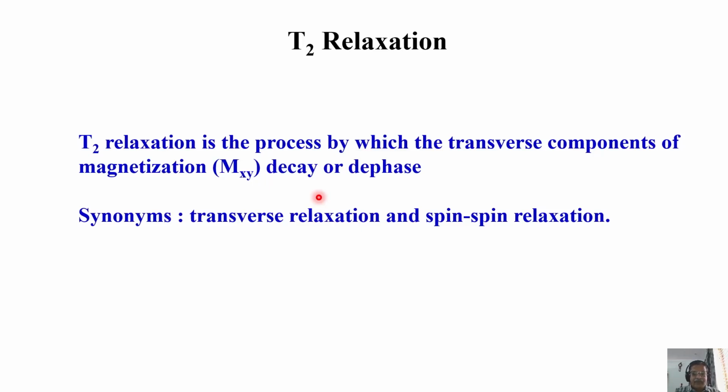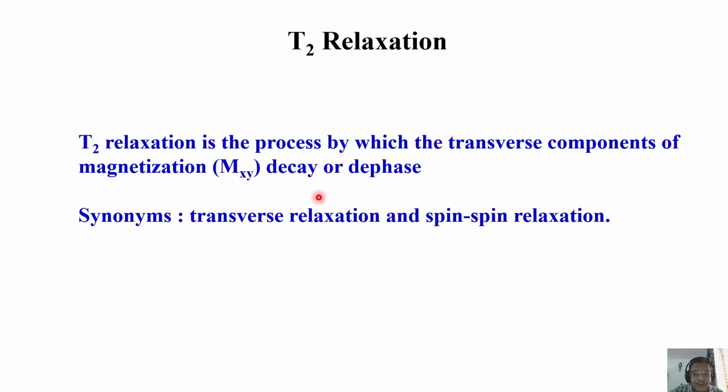All the magnetic moments are along the x-axis, along the axis in which you have brought the magnetization. But then what happens? Because of various phenomena, the spins start losing phase coherence. Slowly they start moving, some at a higher frequency, some at a lower frequency. They start dephasing.